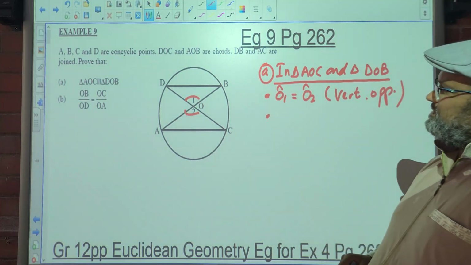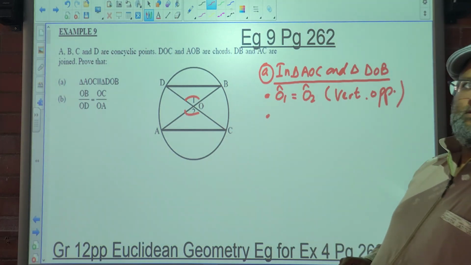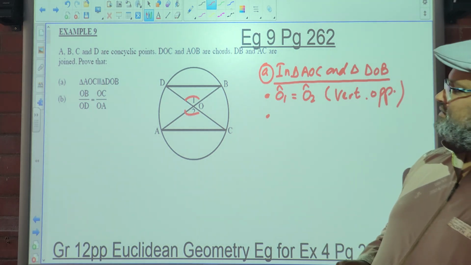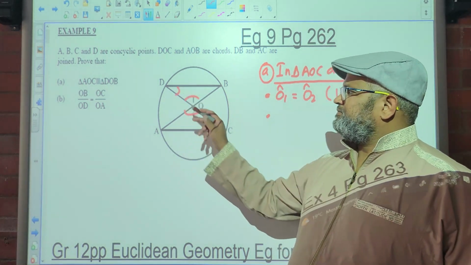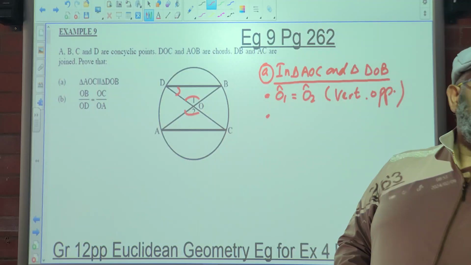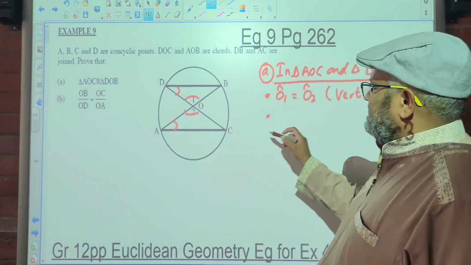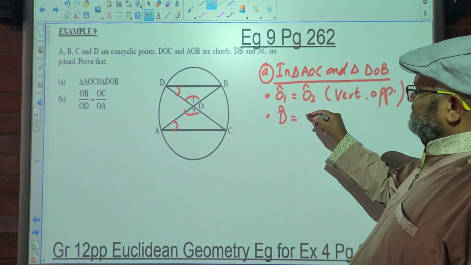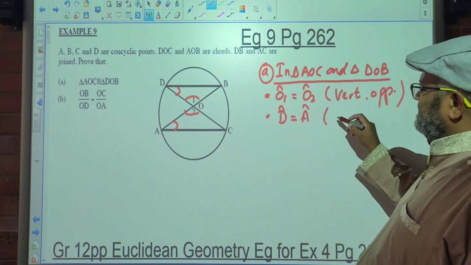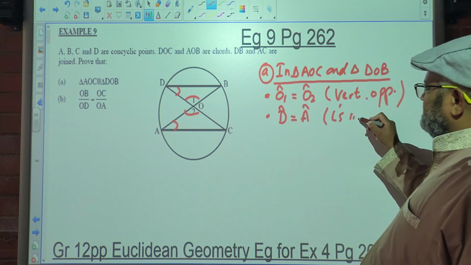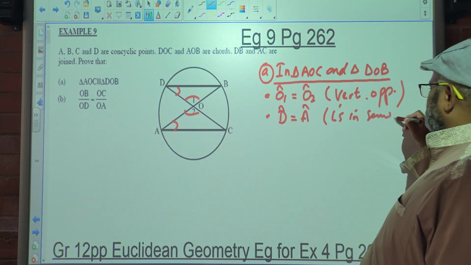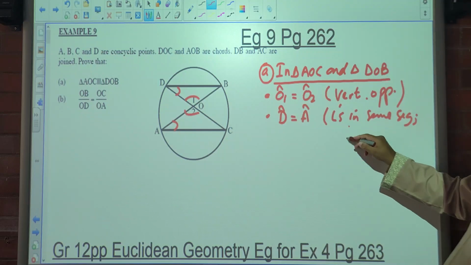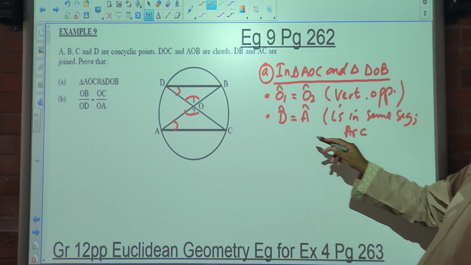Secondly, angle D is equal to angle A. Nice. Why? Angles in the same segment. It is coming from arc BC.